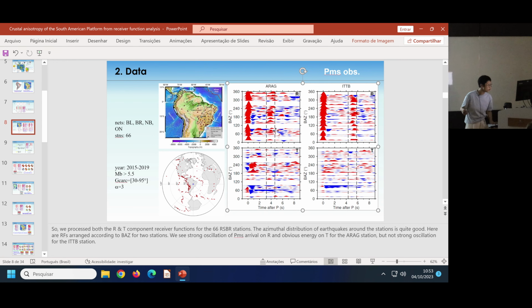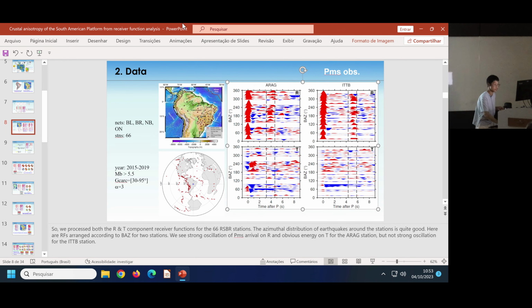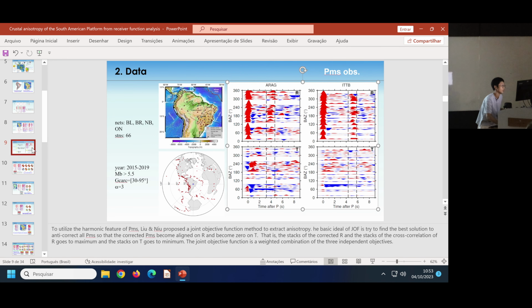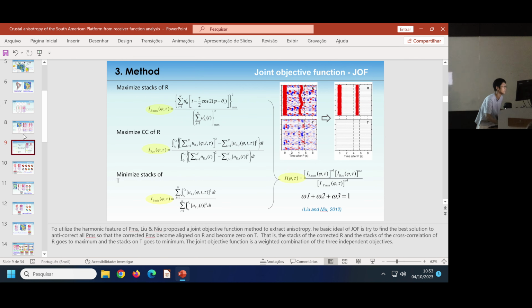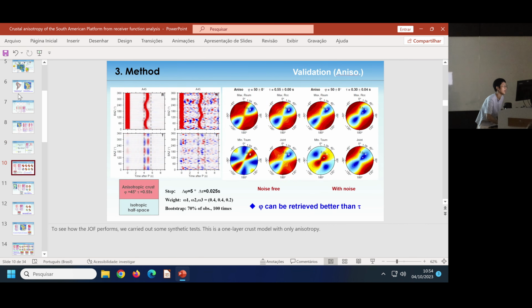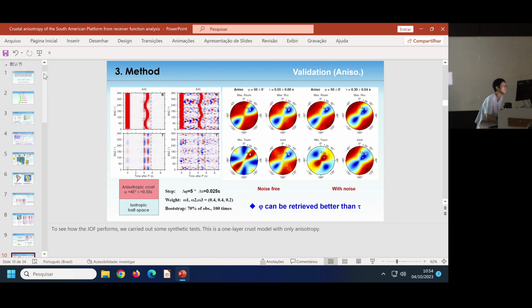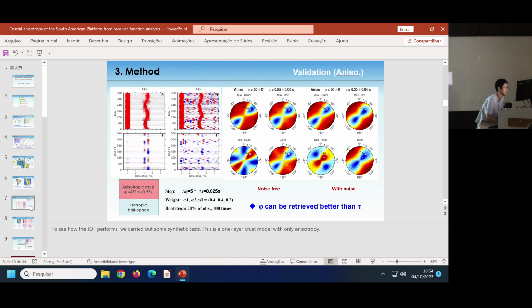Wait, where is the synthetic data? The green one, I forgot where. Here.